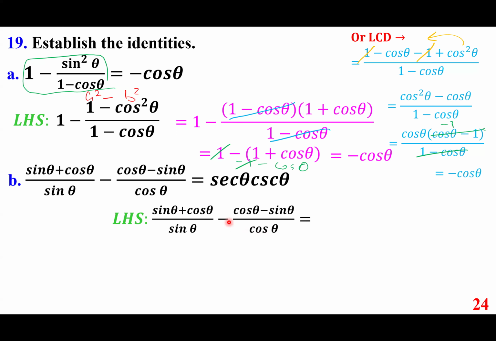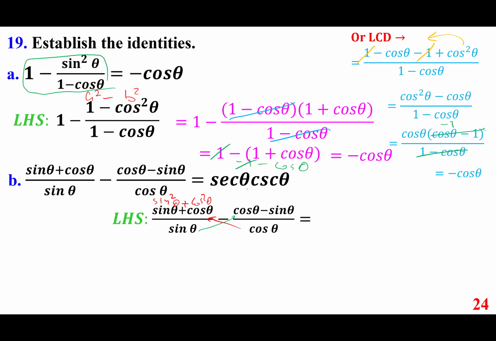We get sine theta cosine theta plus cosine squared. We multiply this one by sine theta. So let me just write it at top of it so you can see that. So over here, if I multiply this one by cosine, I get sine squared plus cosine squared.